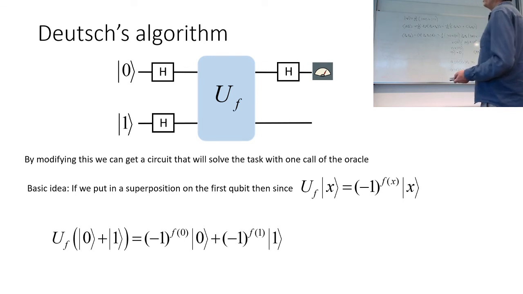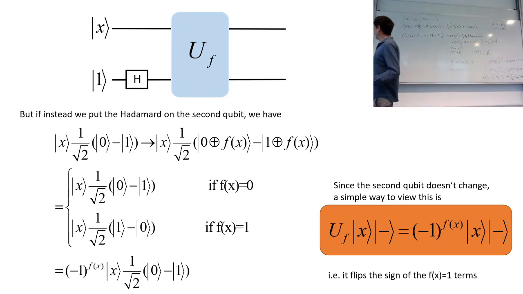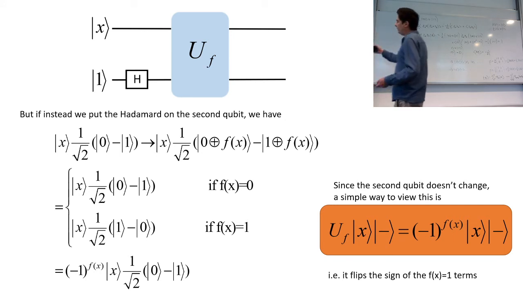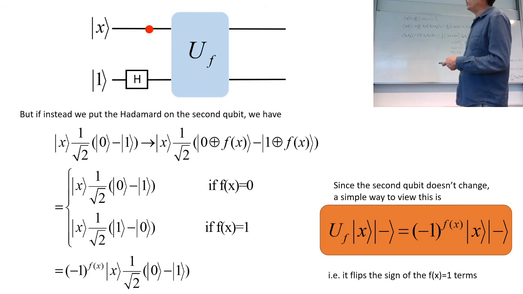Yeah, well, we ignore it, or you could put it in there, but basically the whole thing would just be multiplied by this tensor product with minus. Maybe the way to think of it is that this is just a special case of the operation of this oracle. When the input on the bottom second qubit is a minus state, the way that this oracle acts is just in this way.